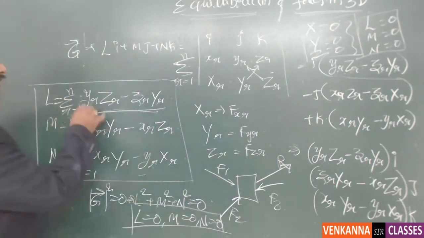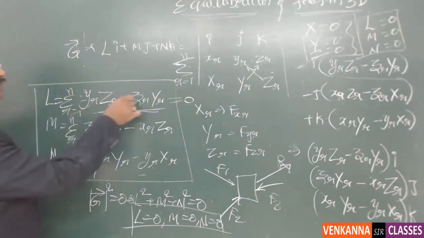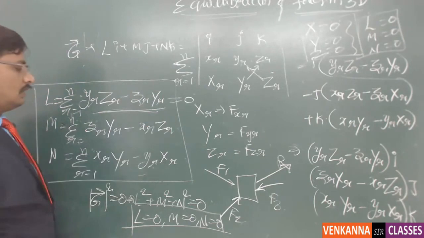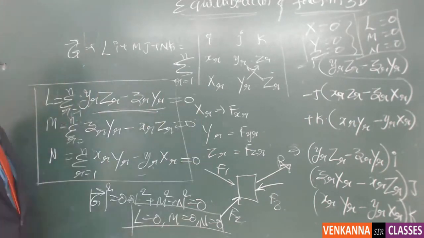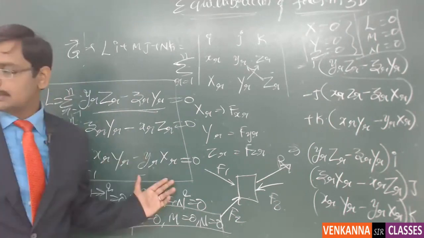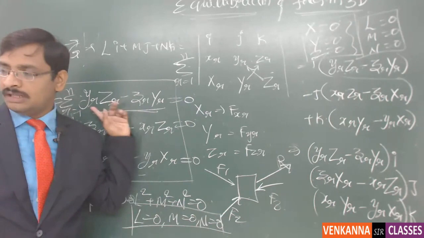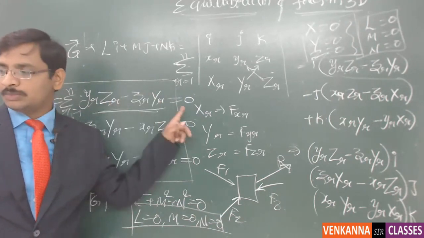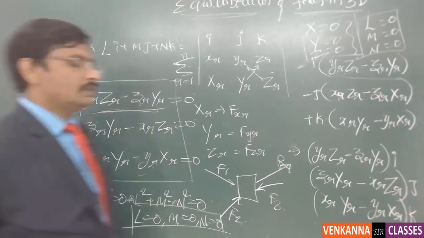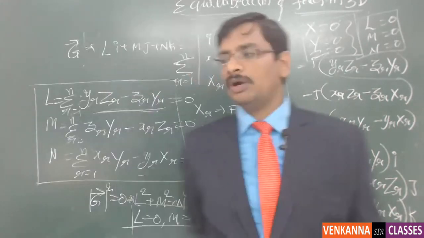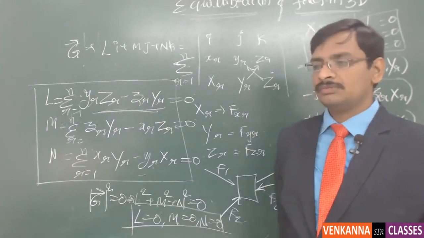Now here individually we have to assure that the sigma r is equal to 1 to n, yr zr minus zr yr, equal to 0, and this one has to be equal to 0 and this one has to be equal to 0, depending upon the number of forces. Got it? So for every force we have to consider the sum of all the force components. It has to be equal to 0, it has to be equal to 0, and this also has to be equal to 0. Then only we can say that the body is under equilibrium condition. Clear? Any questions on this?